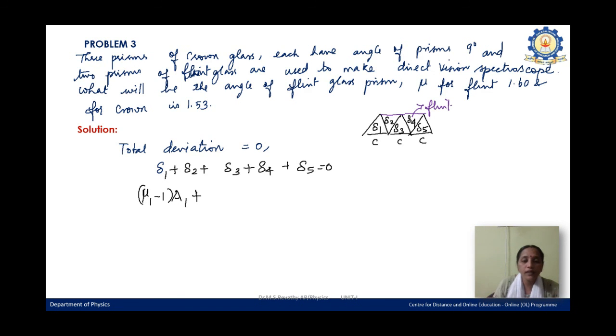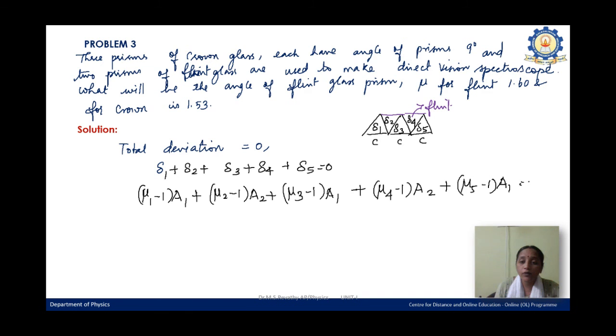The next is mu2 minus 1 into A2, for flint, plus mu3 minus 1 into A1, plus mu4 minus 1 into A2, plus mu5 minus 1 into A1, which is equal to 0.